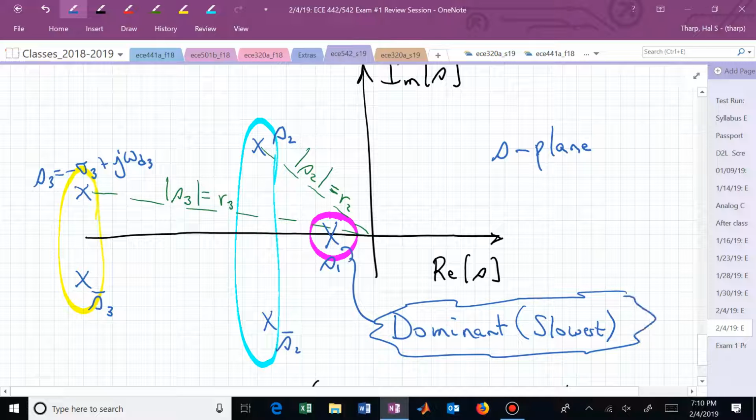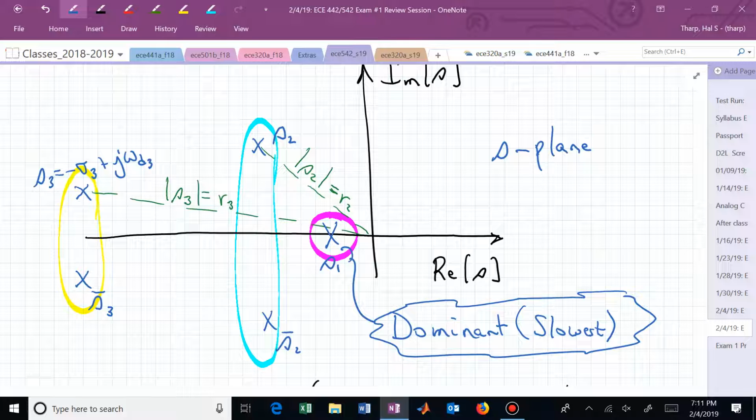Does that help us for sampling purposes? Which of these collections, yellow, blue, or magenta, do you need to focus on if we're sampling? Yellow. Why yellow?